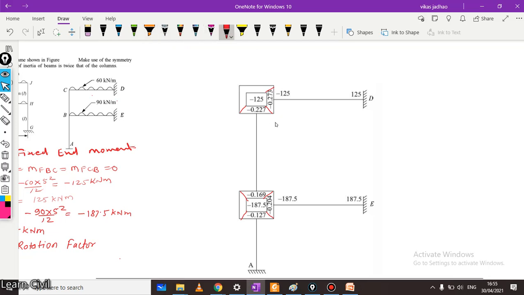Okay, step number 3 is prepare the iteration table.